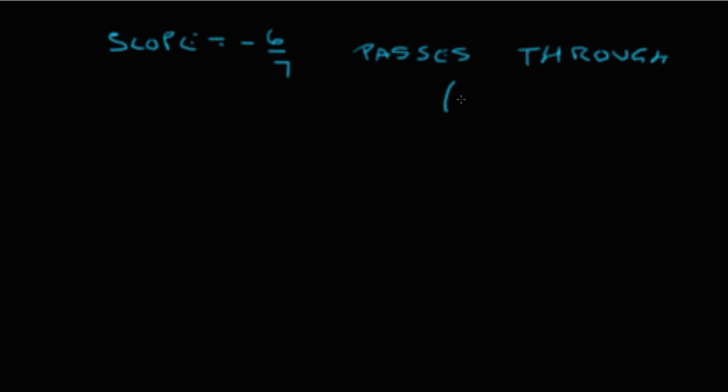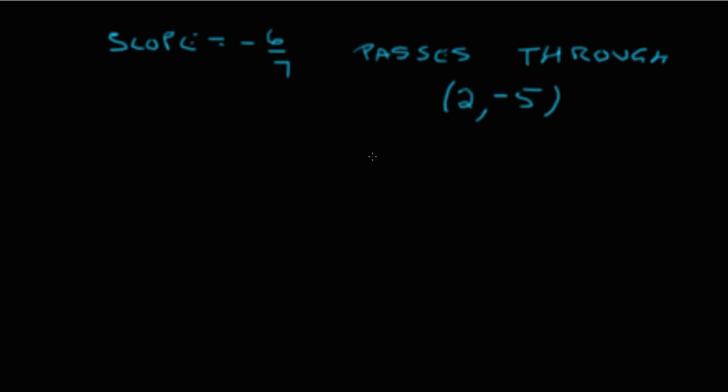So this first problem, we're asked to write an equation for the line in point slope form. And it says our slope is equal to negative 6 over 7, and it passes through the point (2, -5).